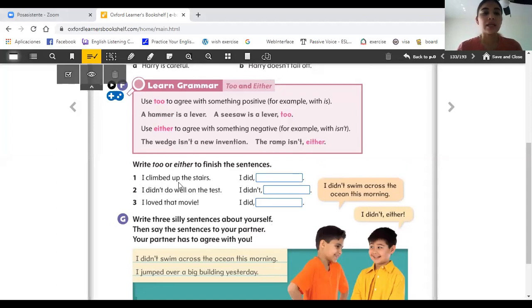It says, I climb up the stairs. Okay, what should another person say to agree, to be in the same situation? Another person must say, I did too, or I did either.